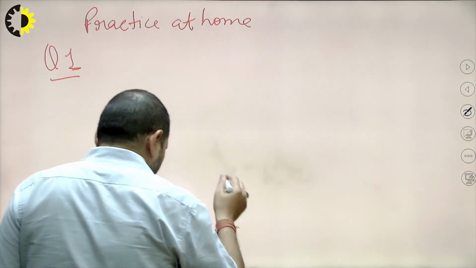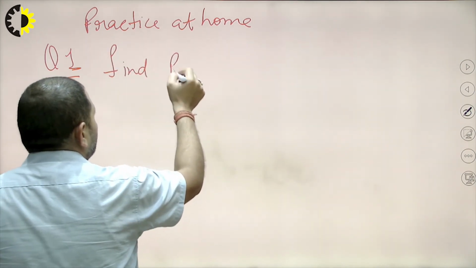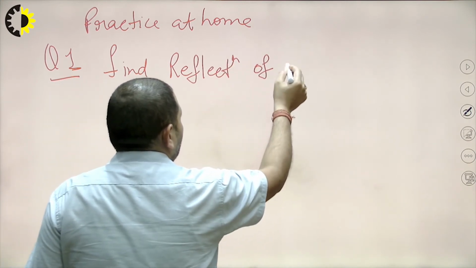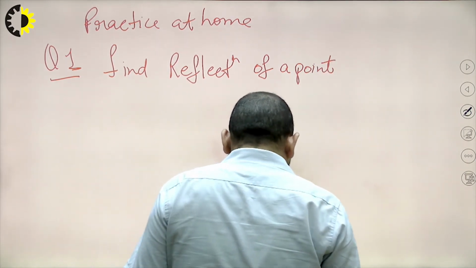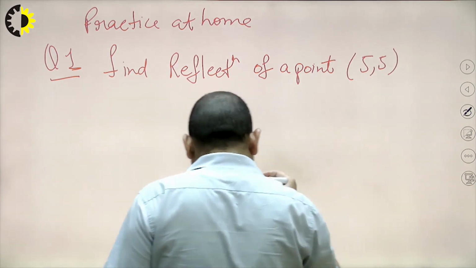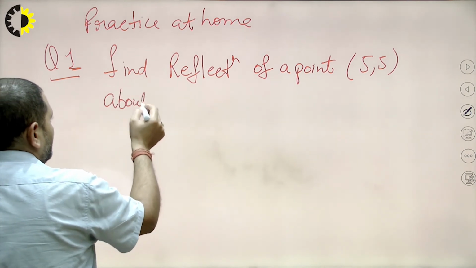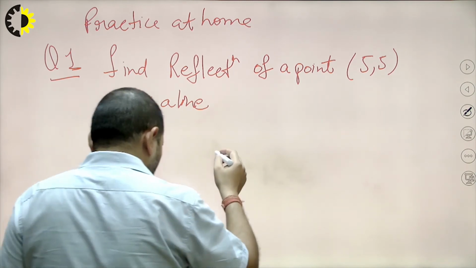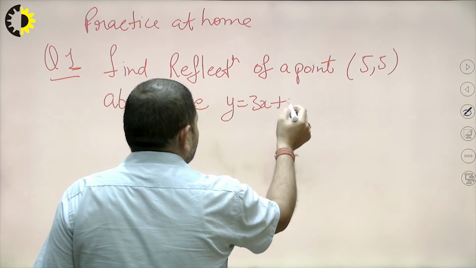Find the reflection of the point 5, 5 about the line y equals 3x plus 8.